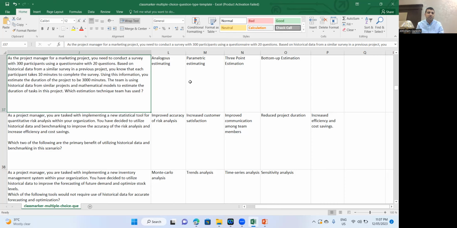which means that you are going to say, okay, if X amount of work took 2 weeks of time, then 2X amount of work will take 4 weeks of time, right? So you are using some mathematical XY equation, which means that you are actually using a formula. So you are going towards a parametric estimation.